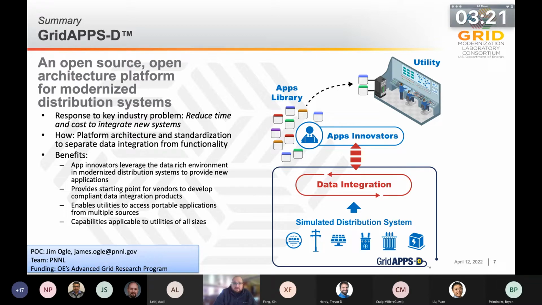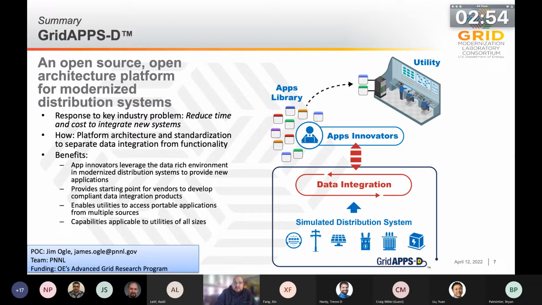So we developed the platform architecture and standard, and use common information model standard to separate the data integration aspect of getting these applications to work from the functionality of how they're supposed to work.